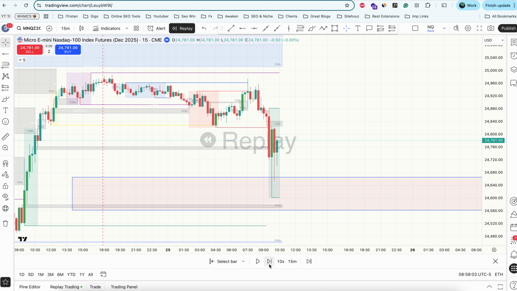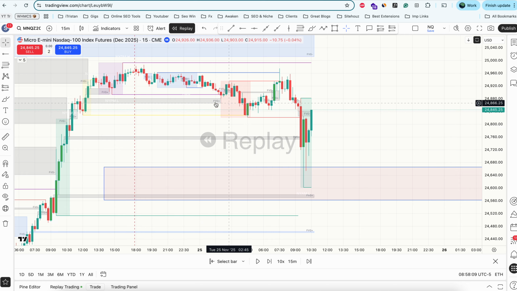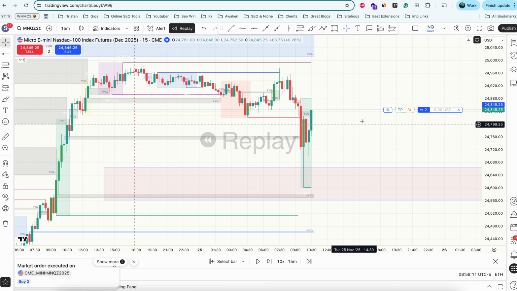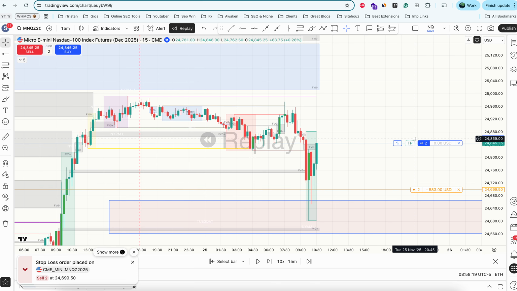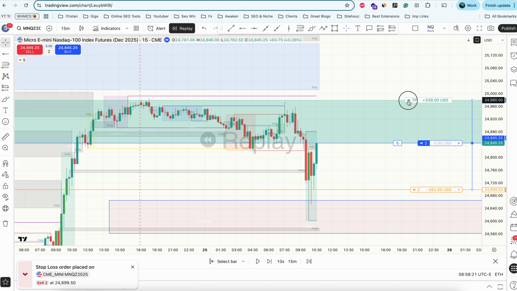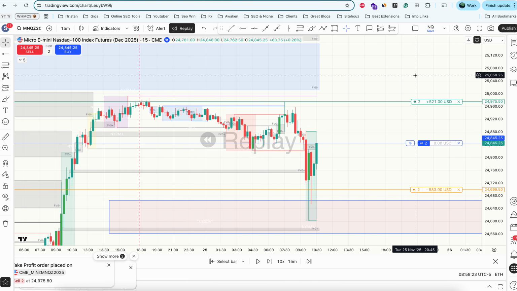So I'm going to bring the price a little bit forward, and you can see it has inversed this fair value gap. And I am going to enter right here with 2 lots, and then put my stop loss right here, 609. Okay, and then take profit would be somewhere around here. Okay, 1:1 almost.